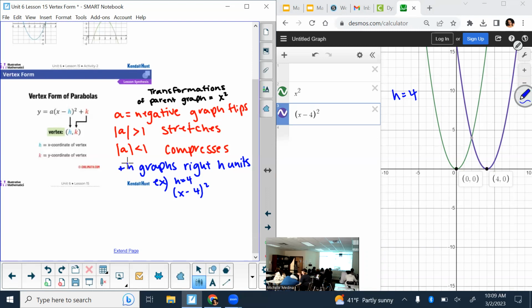So then if h is negative, so we plug in a negative number, what way do you think it'll move? Good. Graph moves left h units. I meant to put for this one, graph moves right. Over here.